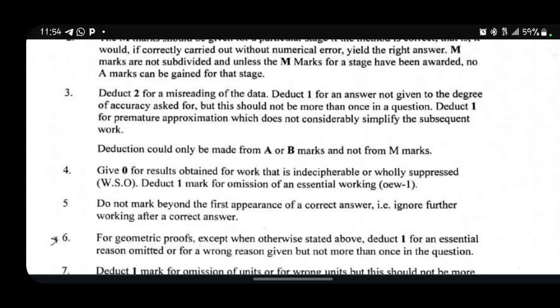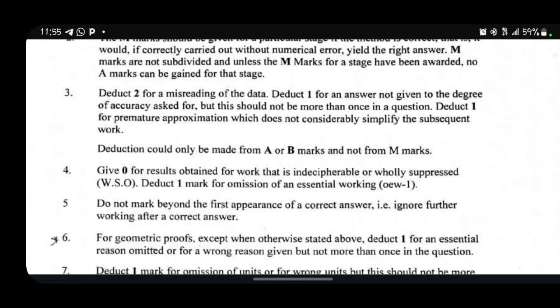In that case, you might need to round up so that you can make use of it in the subsequent work. Okay, and this deduction is always done from mark A and mark B, and not from method marks. So make sure when you are approximating, you don't just approximate.